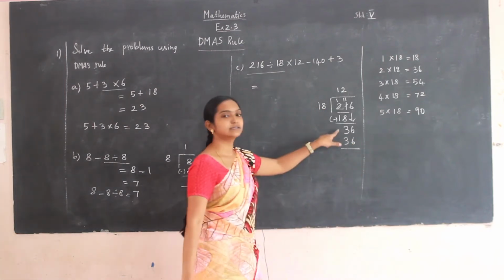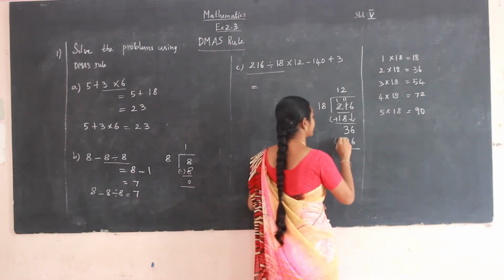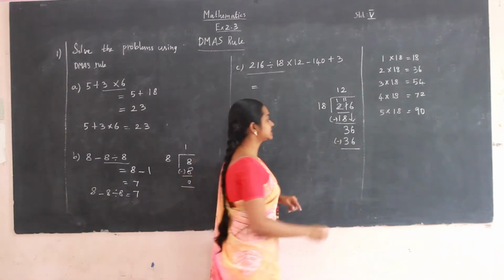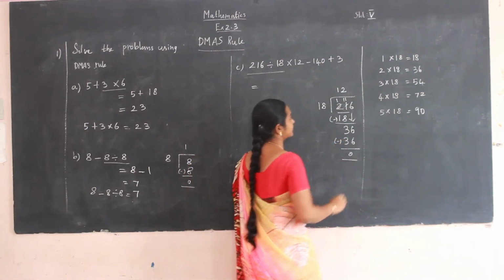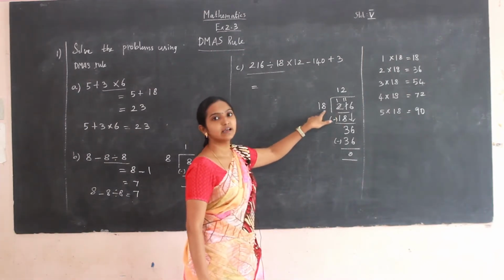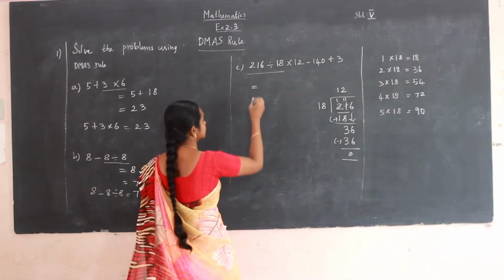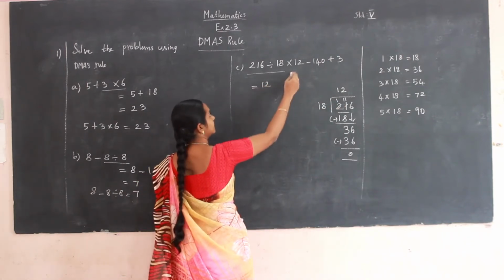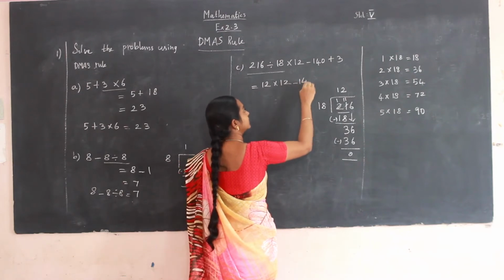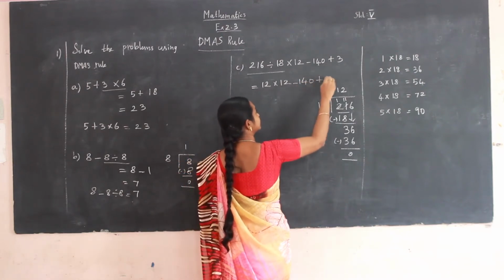Now subtract these two numbers. 6 minus 6 is 0. 3 minus 3 is 0. So when we divide 216 by 18, we get 12 as answer. Into 12 minus 140 plus 3.